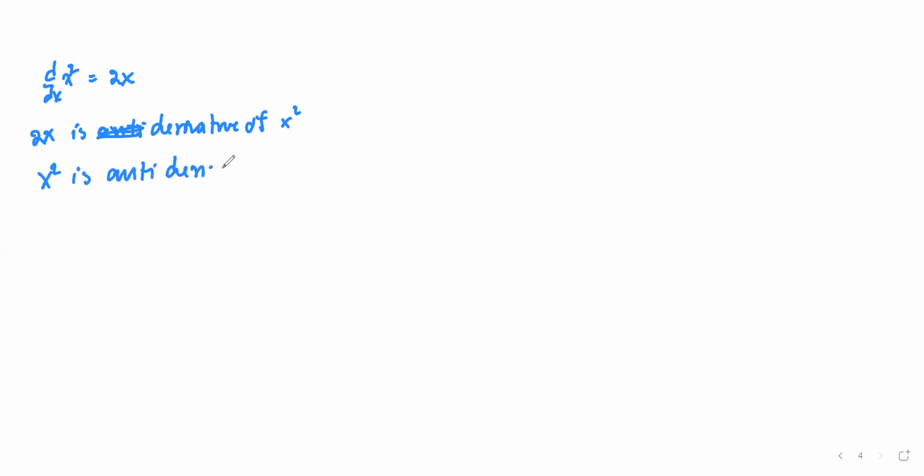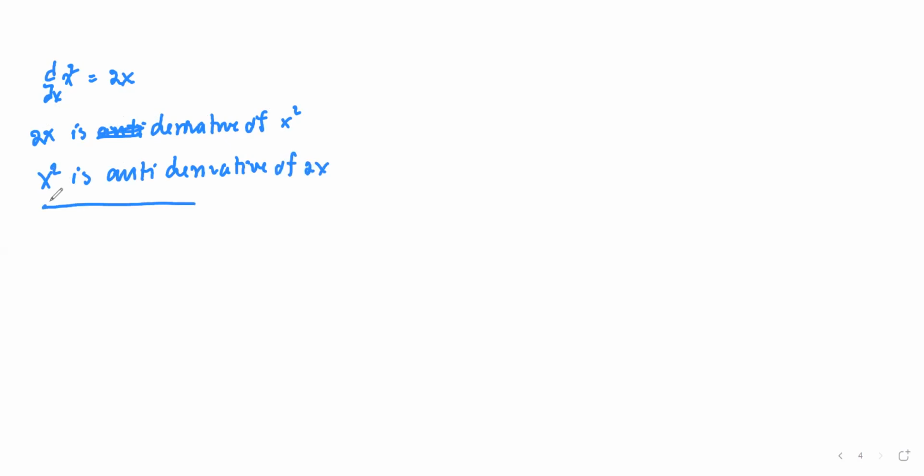Now, another one that we saw, we used it before. We know that the derivative of x squared is 2x. So we can say 2x is the derivative, but x squared is the antiderivative of 2x.